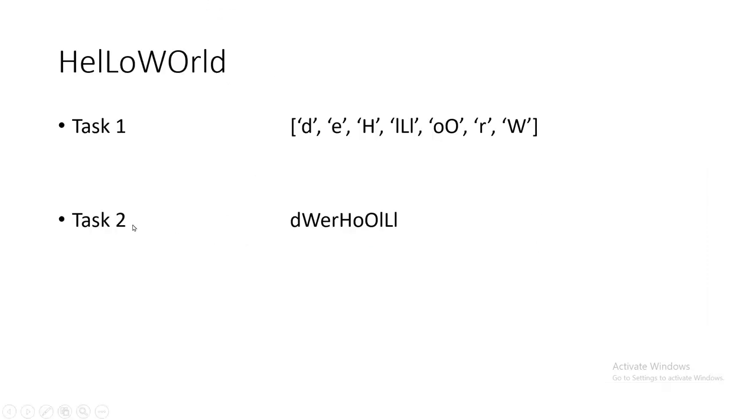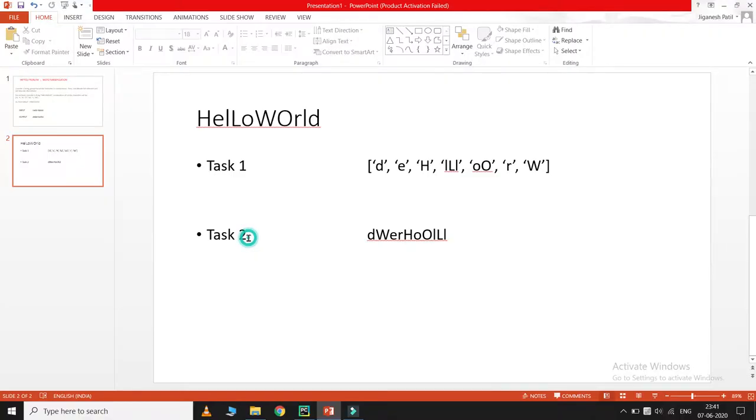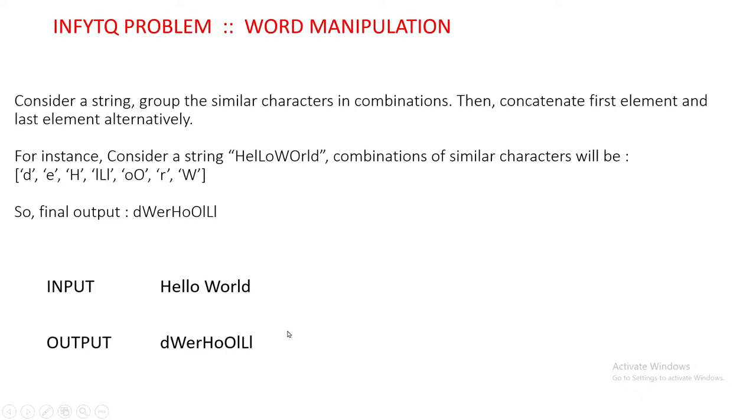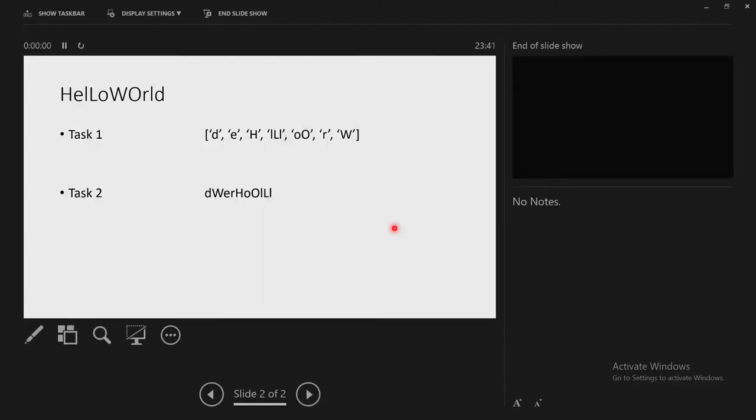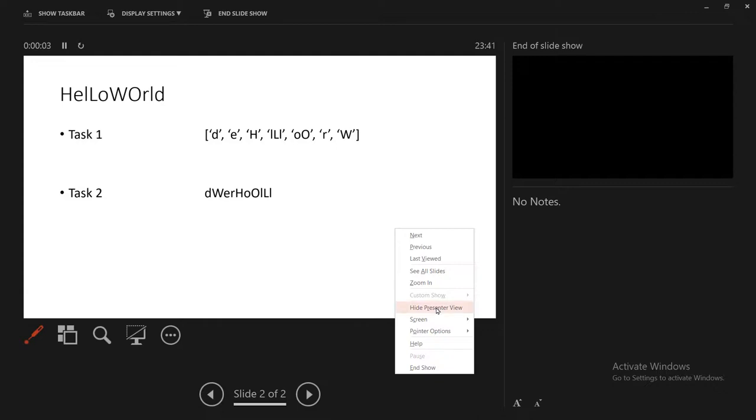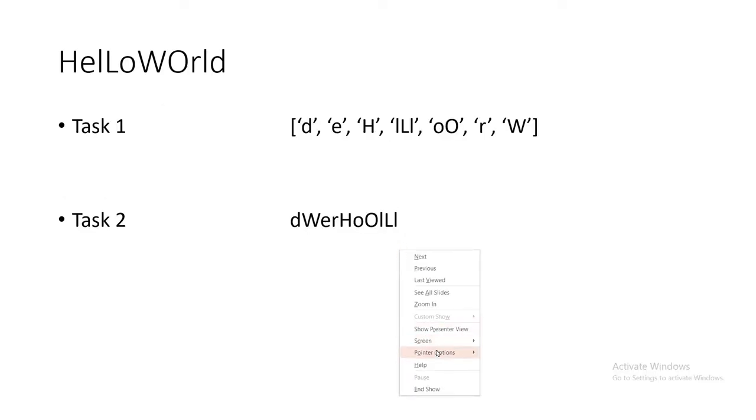Okay guys, if we see this intuitively, what we can do is run a while loop in there, check if the list is empty or not, and we have to do two conditions.